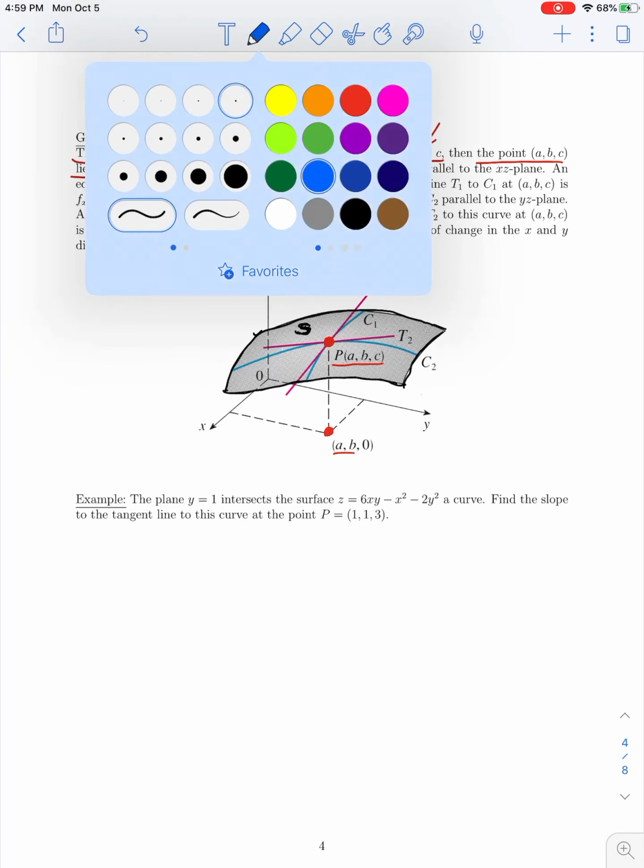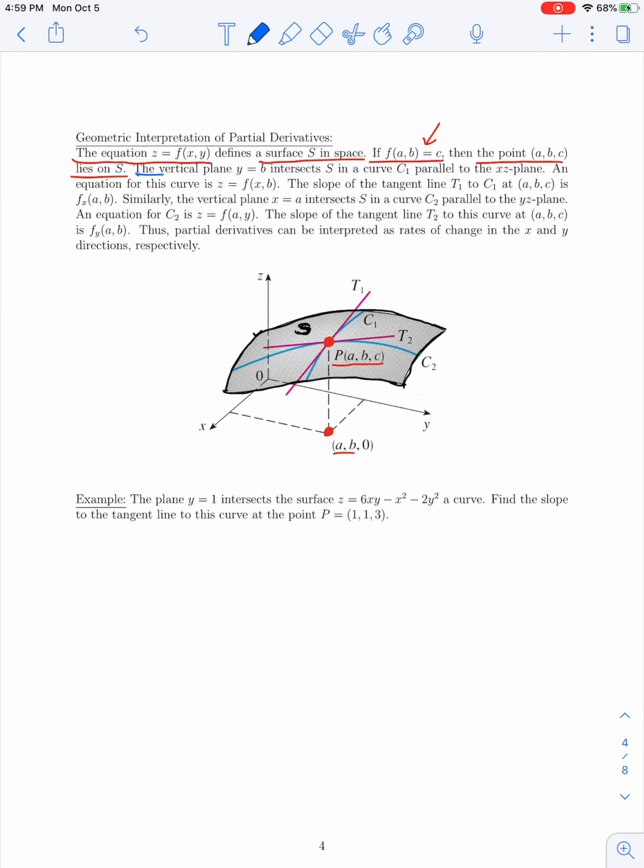Now, the vertical plane defined by y equals b, so let's think about what we're doing here.